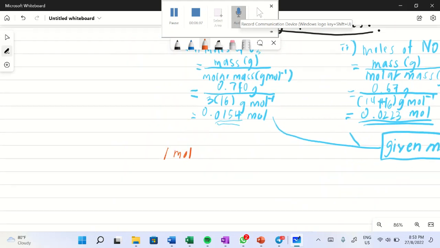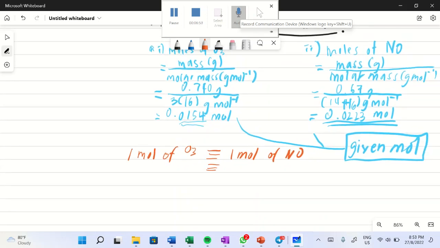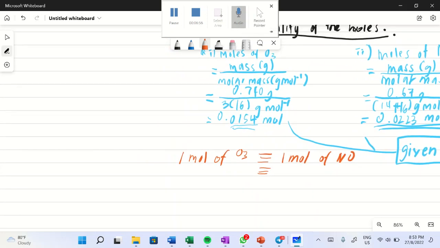So just make 1 mole of O3 react with 1 mole of NO. So let's just say you want to find X mole of NO. Here you will put 0.0154 mole.